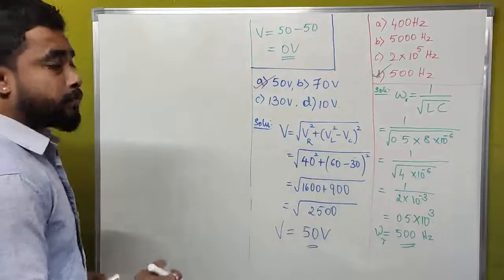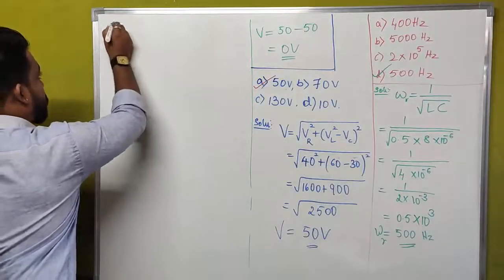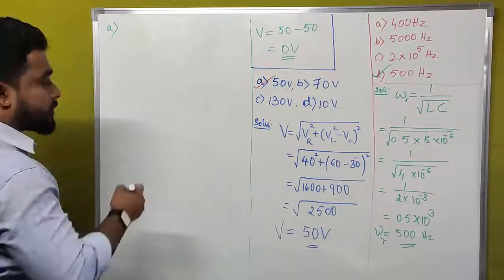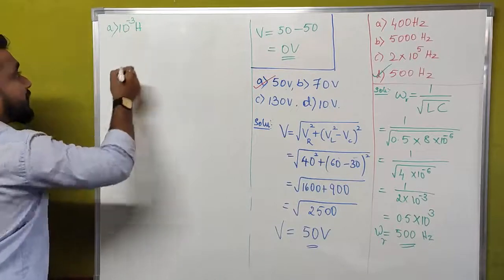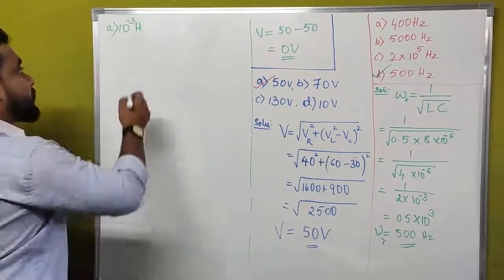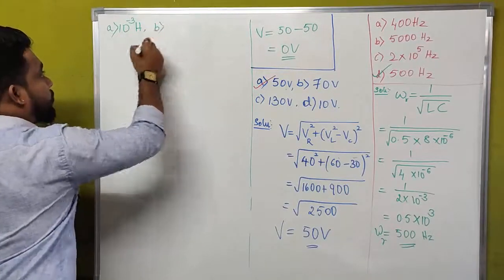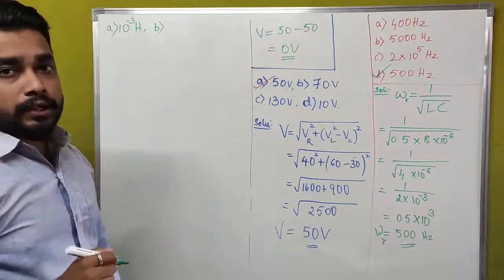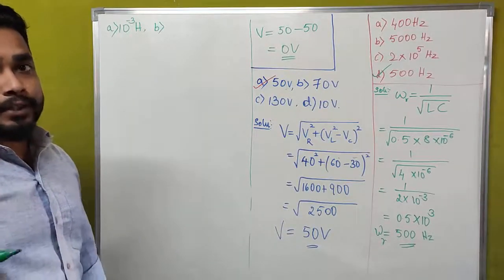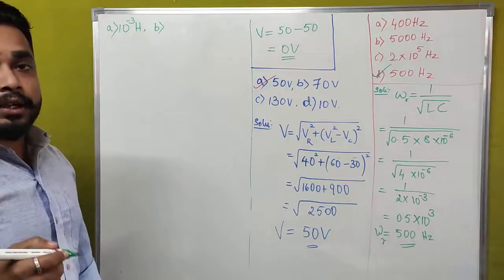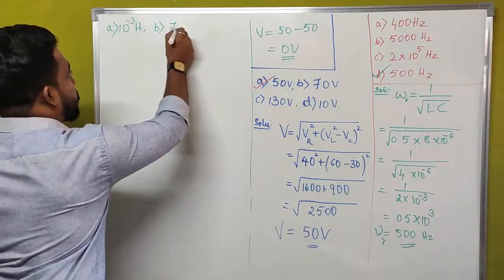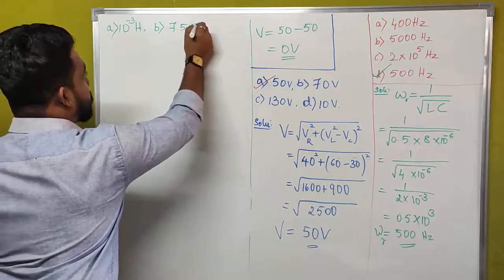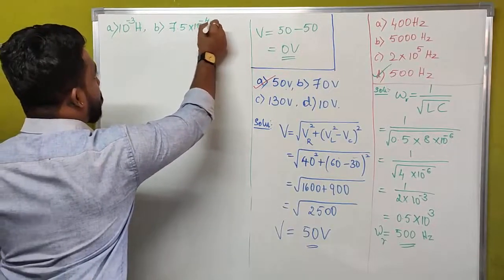First, we should write the options. Option A is 10 to the power of minus 3 Henry. Not hertz, that is Henry. Here we are finding the value of inductance, L, which should be in terms of Henry, the SI unit. Option B is 7.5 into 10 to the power of minus 4 Henry.